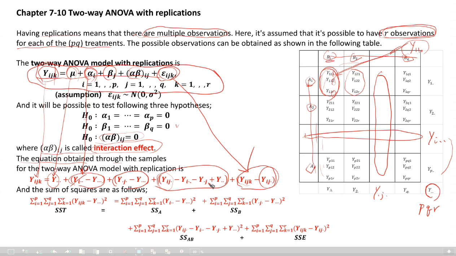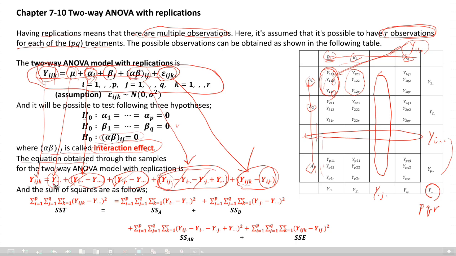I missed the dot notation here: dot dot dot, three dots. And this one cancels out, and y dot dot dot minus plus. So the interaction effect will be expressed like this. It is a little more complicated than before.